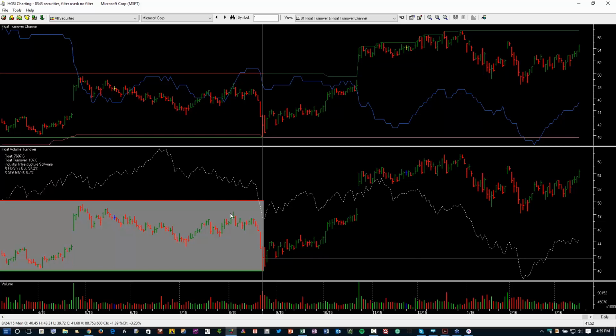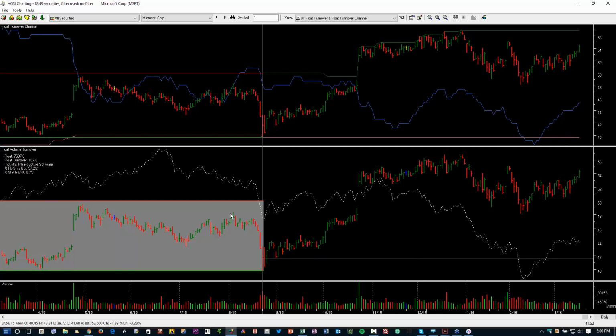And so rather than having to wait for a stock that had been in the hundreds and now has dropped to the 20s, you could use the float turnover as a guideline for how long it needs to base before it's clear again.